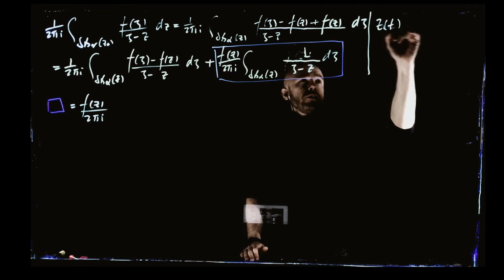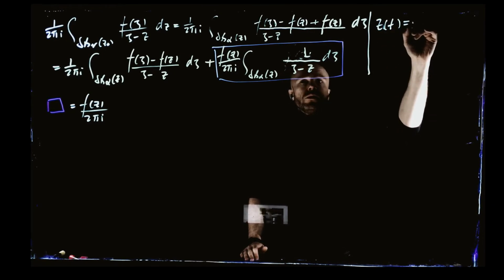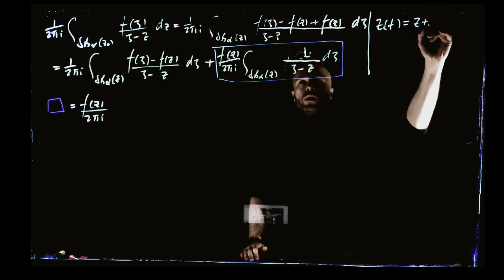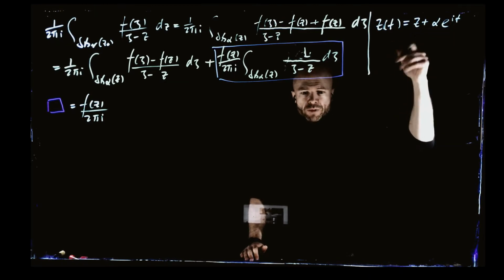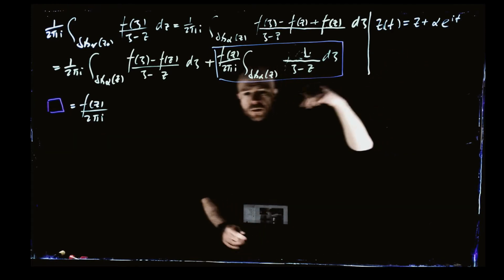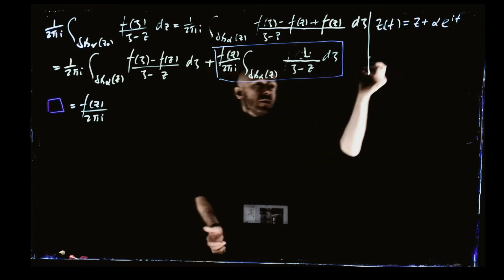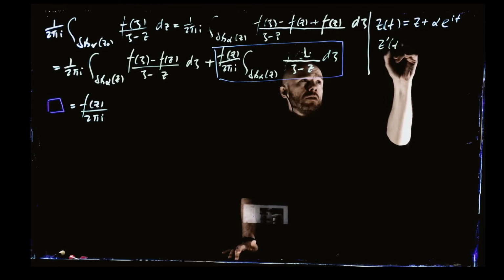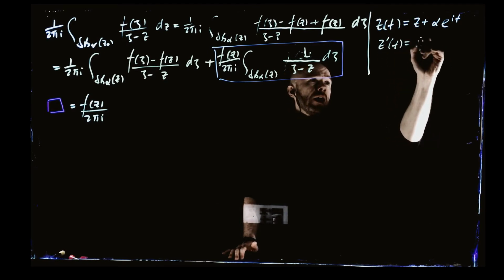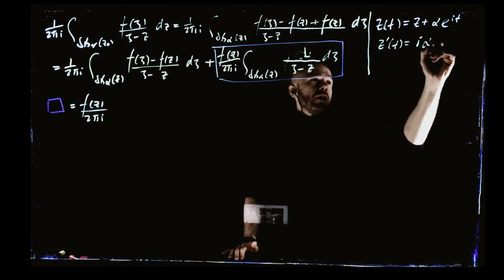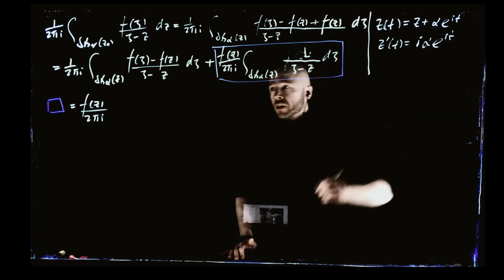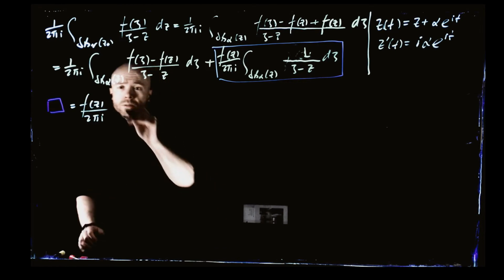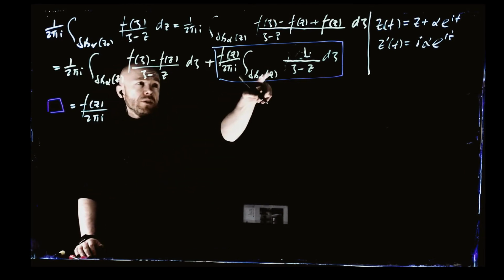Let's just take z of t to be equal to z plus alpha e to the it. That's a nice parameterization of the ball of radius alpha around z, yeah? And what is z prime? That is equal to i times alpha e to the it. Yeah? Cool. So let's directly calculate what this thing in the blue box is.